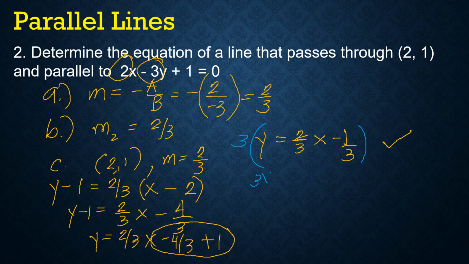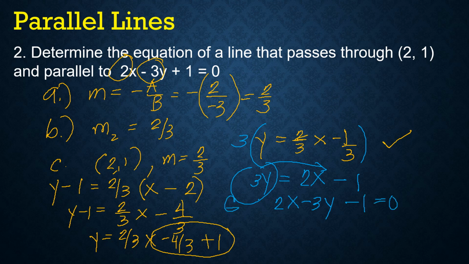So we have 3y is equal to 2x minus 1. Okay, let's move the 3y. So we have 2x minus 3y minus 1 is equal to 0. That will be the general form. On the standard form, we have 2x minus 3y is equal to 1.